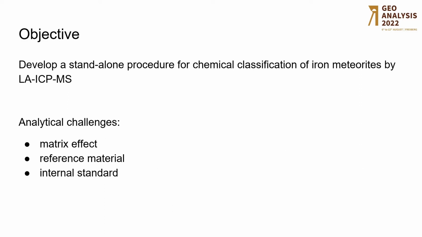The main objective of this work was to develop a standalone procedure for chemical classification of iron meteorites by LA-ICP-MS. The main analytical challenges were to deal with matrix effects and to find a homogeneous reference material and an adequate internal standard.